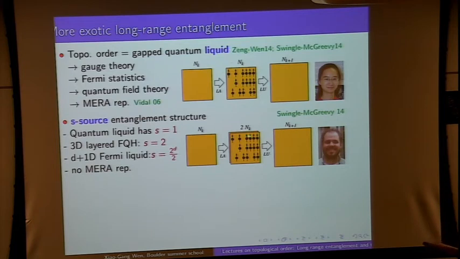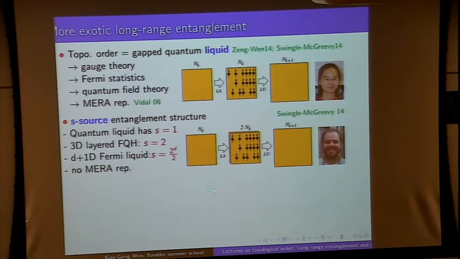Here you need to make two copies, and then maybe add some product states to make the same size and get to the next level. If you do two copies, that's S equal to 2. So this layered quantum Hall state is an example of an S equal to 2 entanglement structure.